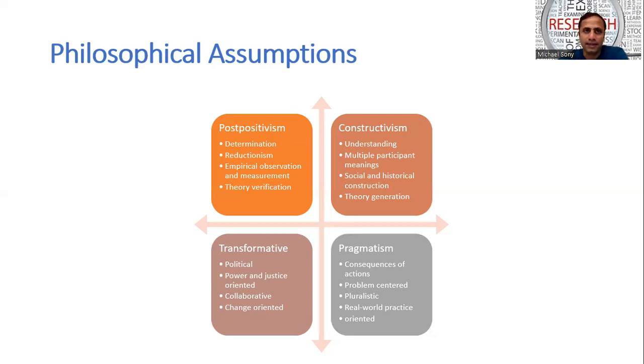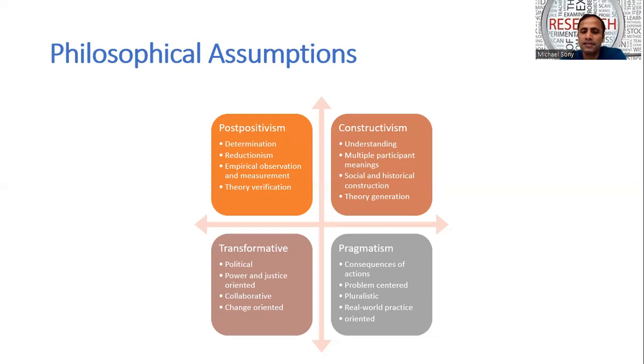So this term post-positivism is now more common in the philosophical assumptions. A researcher would take a post-positivist stance for theory verification. So the first philosophical assumption would be post-positivism.